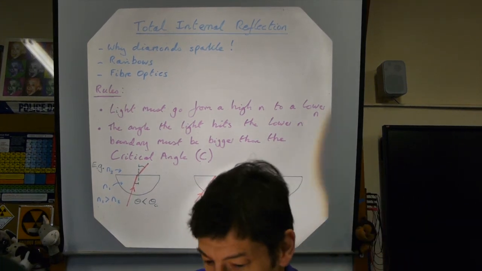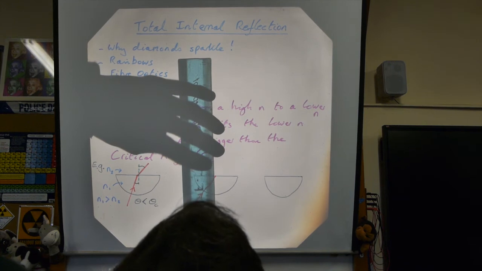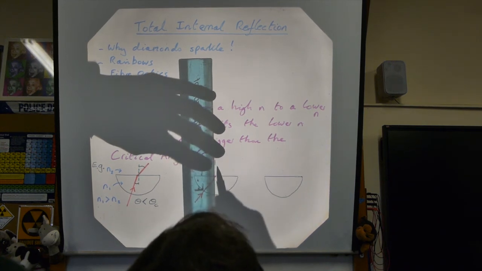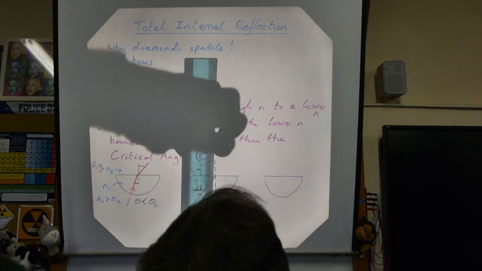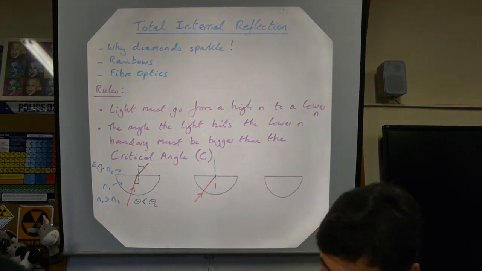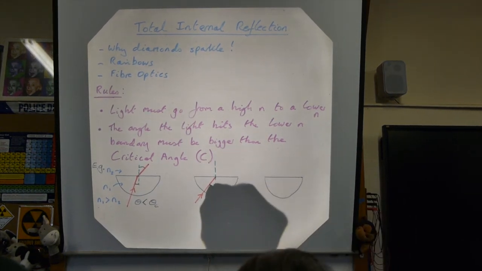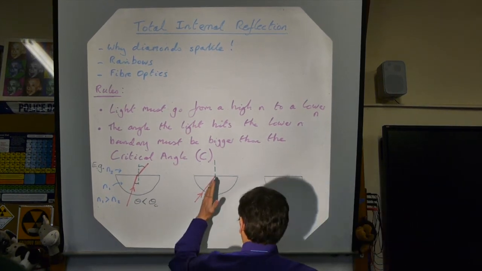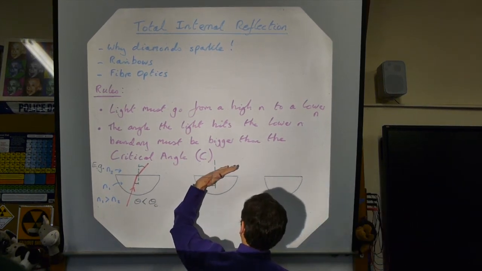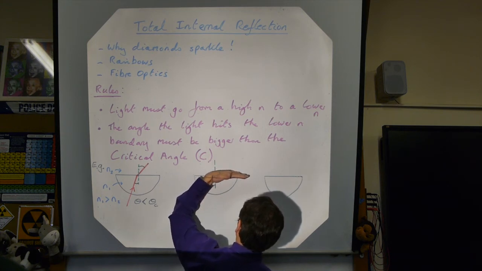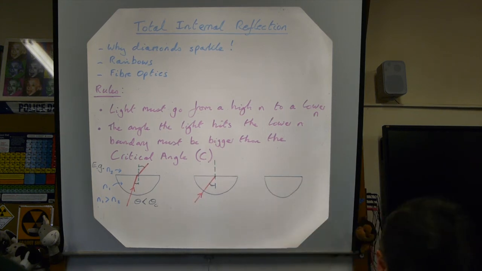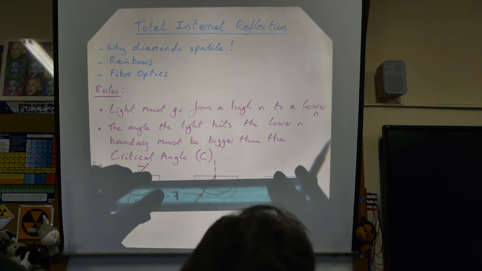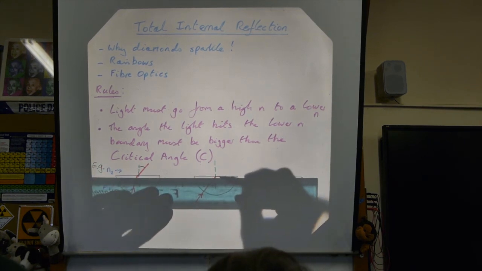I'll try and draw the normal properly this time without smudging everything. There it is. And we've opened up this angle. We've made it bigger, maybe twice as big. And of course the ray coming out now will be, well, I've got it just right, scooting along the surface of the block. So there it is, doing this sort of thing.